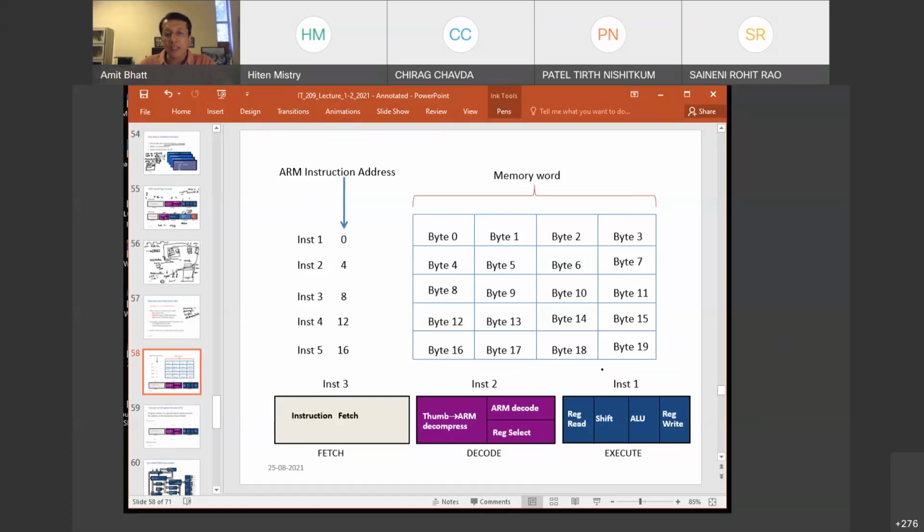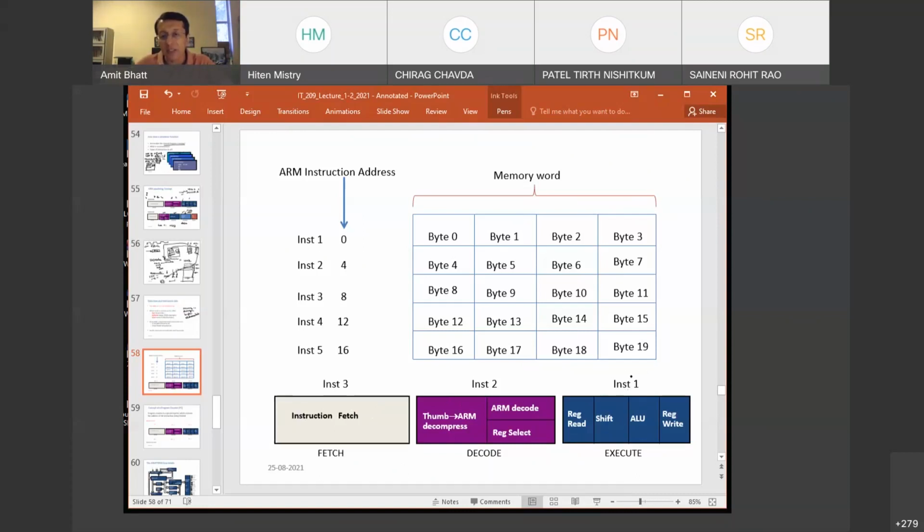Now, we also said that every cycle, that's the whole advantage of pipeline, and we are going to talk about it in the next installment of this course. But for this particular thing, the advantage of pipeline is that at any given cycle, multiple instructions would be in various stages. So for example, you pushed in instruction number 1 two cycles ago.